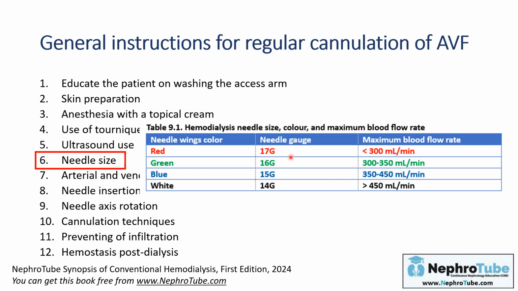As we mentioned in the first cannulation, we start with the red needle. Then, according to the response of the patient, in the subsequent hemodialysis, larger needles can be used, targeting a high blood flow rate. We are targeting a blood flow rate of more than 350 or about 350.